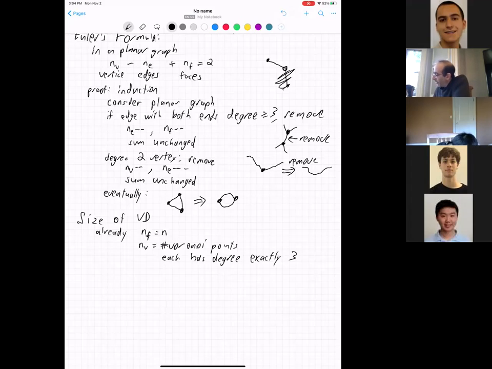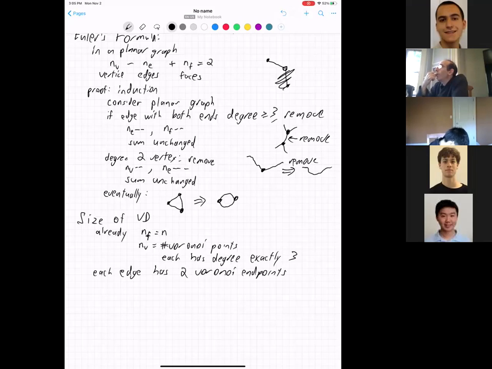Now we also know that each edge has 2 Voronoi endpoints. Right? So now I'm going to consider 2 ways of counting things.